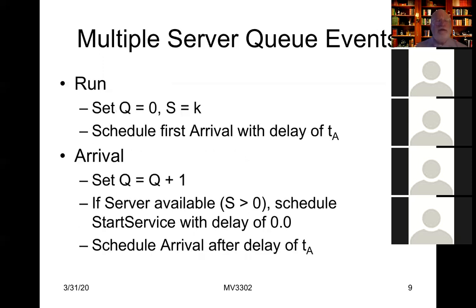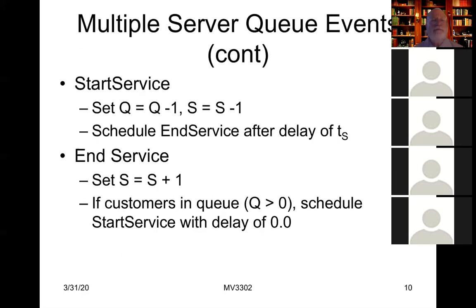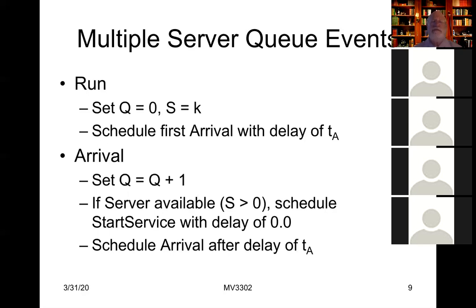Now, we're going to have 4 events. Again, the run event's purpose is to initialize our state variables. So we're going to set Q equal to 0 and S equal to K. Note that I haven't set the value of L because L is going to be based upon this formula, this relationship between the state variables and the parameter K. So we don't need to initialize it.